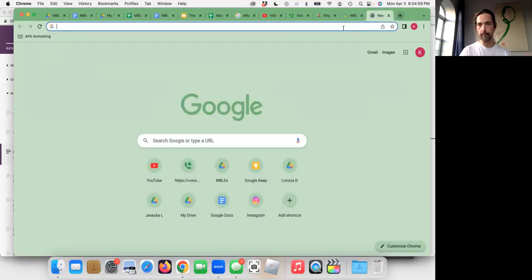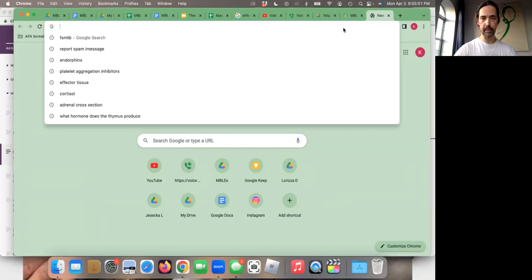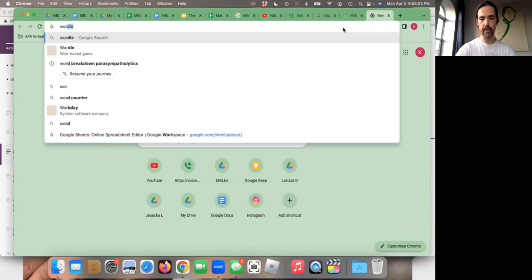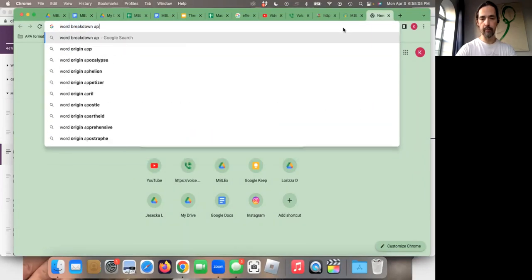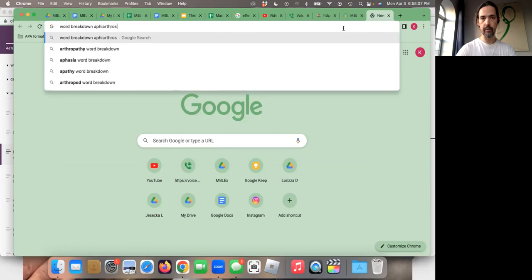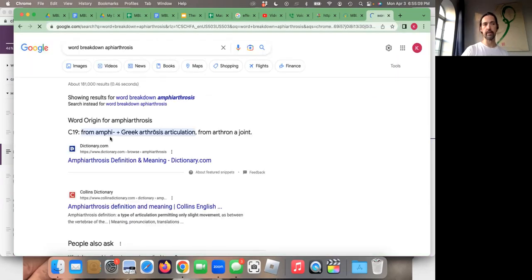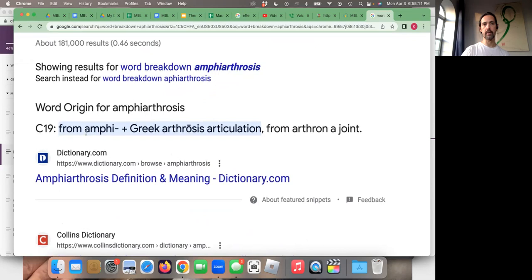So then anything you want to know, by the way, anything that you want to know, you put it into Google and you search word breakdown, amphiarthrosis, and it'll split it up for you like this. So amphiarthrosis, from amphi plus Greek arthrosis, meaning articulation, from arthron, which means a joint.